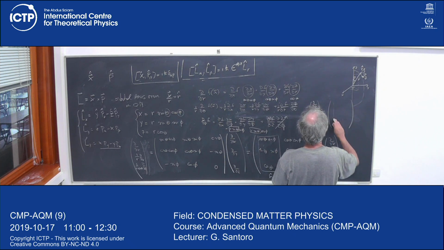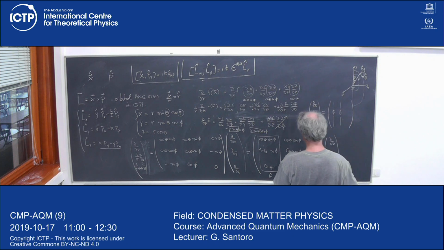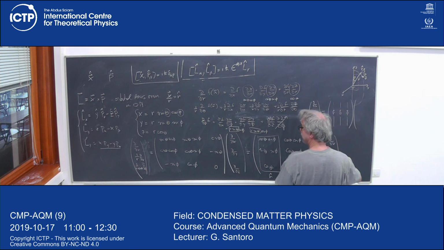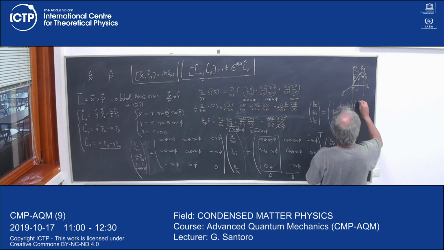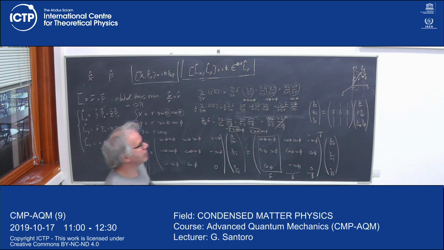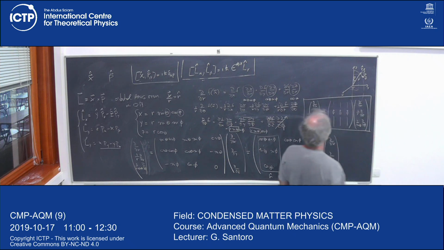The matrix where here I have r, here I have theta, and here I have phi, times d/dr, 1 over r d/d theta, 1 over r sine theta d/d phi. Is it clear to everybody? Okay, good. That's already something very, very useful.